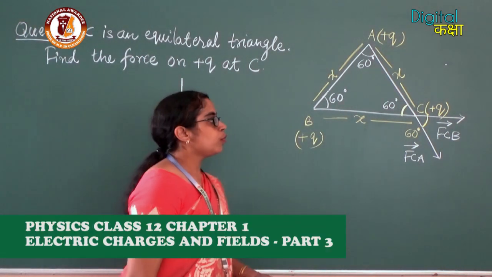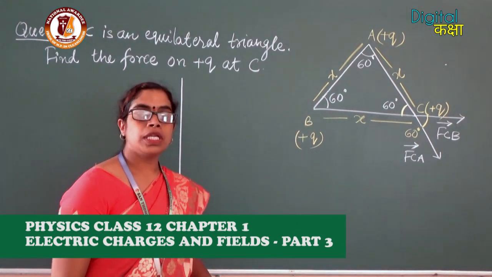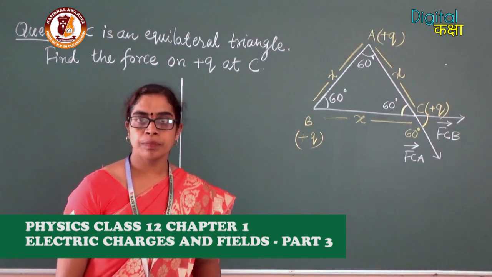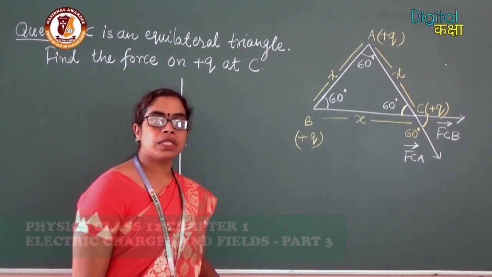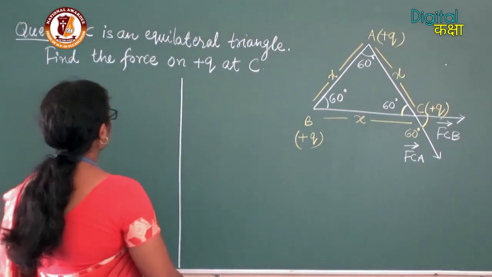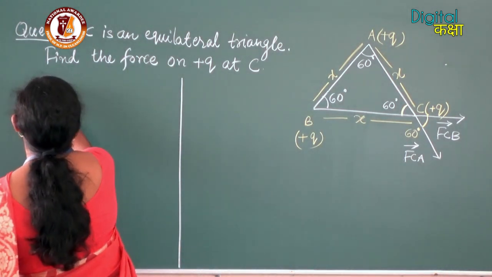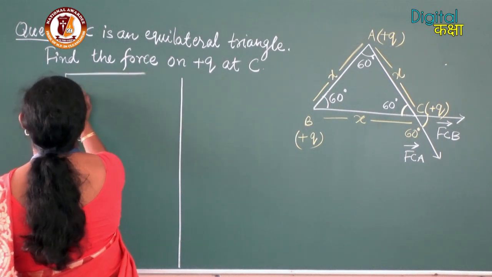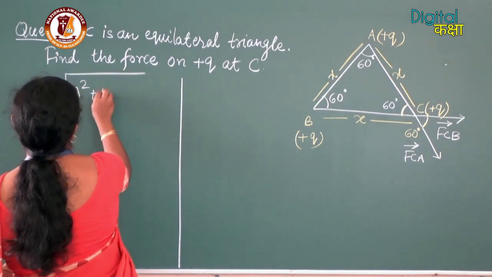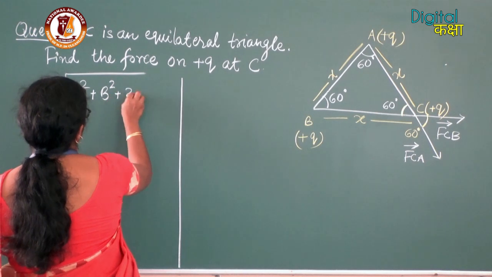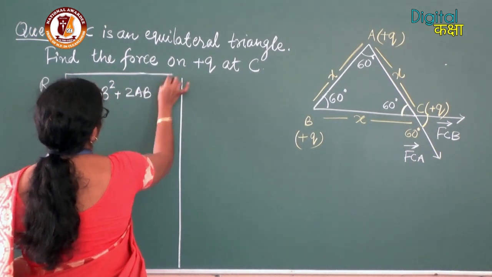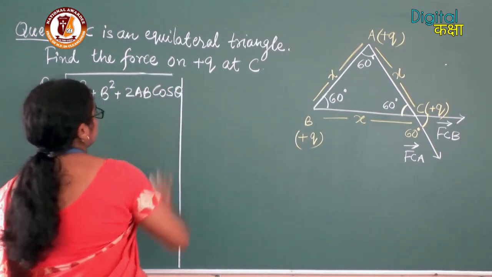Now, when two forces or any two vector quantities are there with certain angle between them, the resultant formula is given as R is equal to under root A square plus B square plus 2AB cos theta.